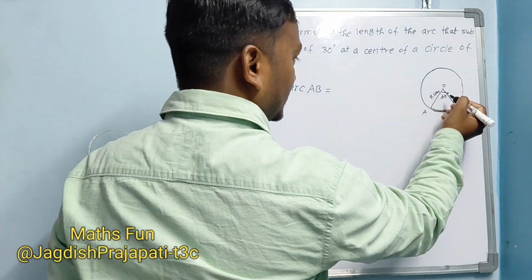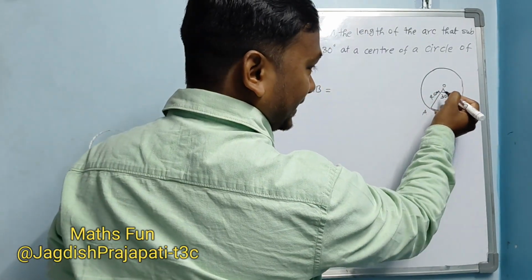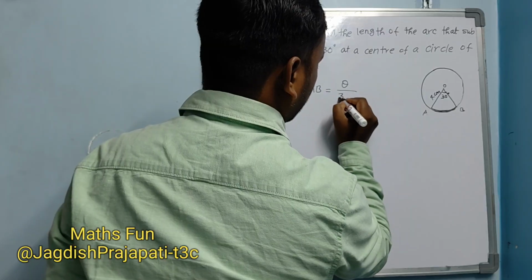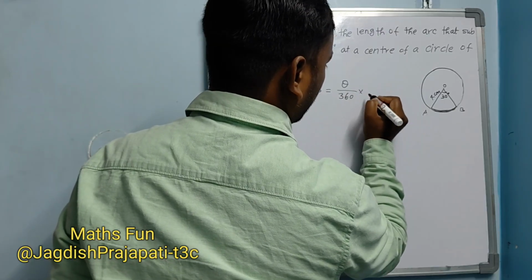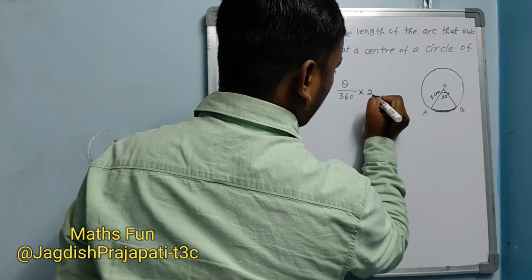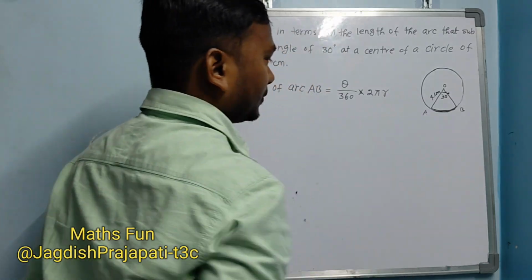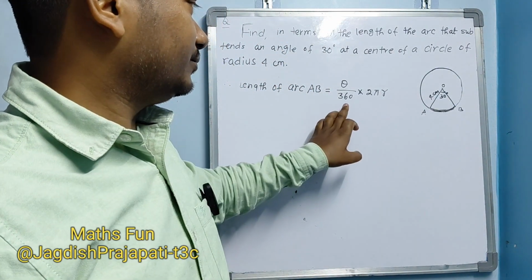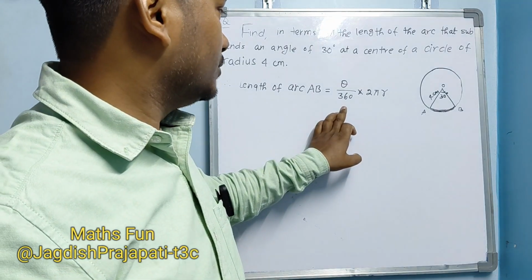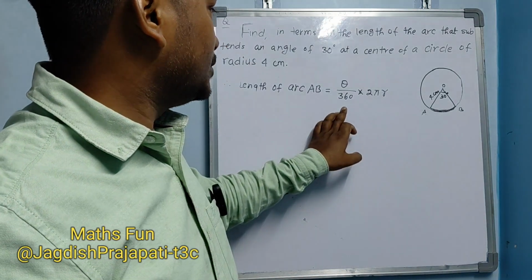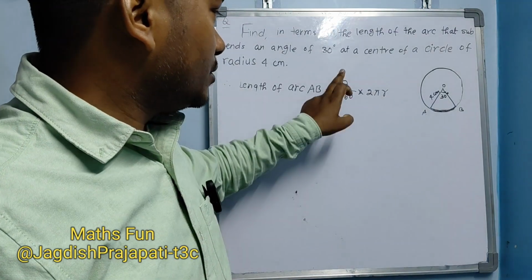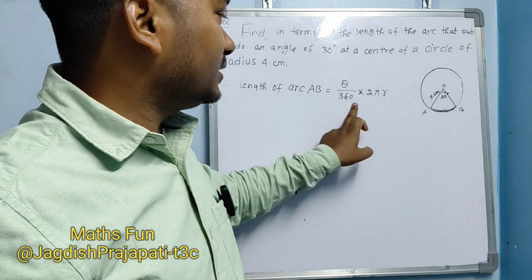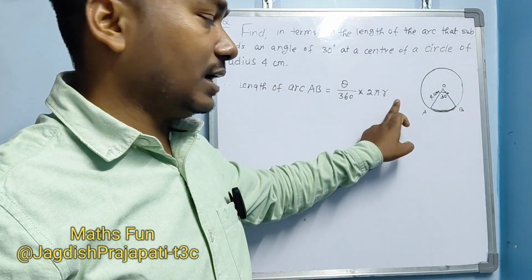So what will this be? Since this is in degrees, theta by 360 into 2 pi r, the formula that you wrote a few minutes back. So the length of the arc will be theta by 360 into 2 pi r.